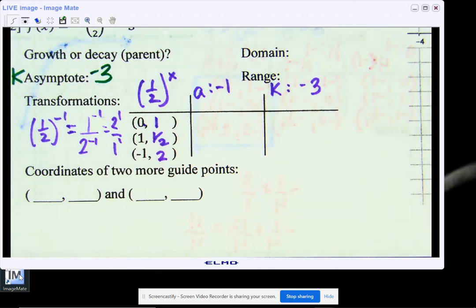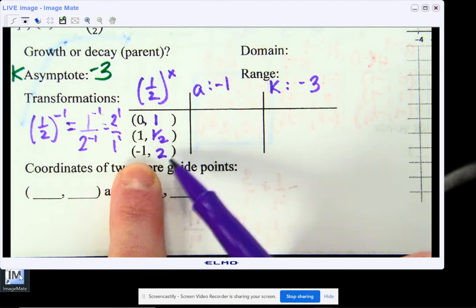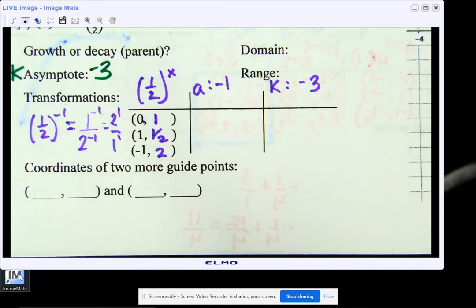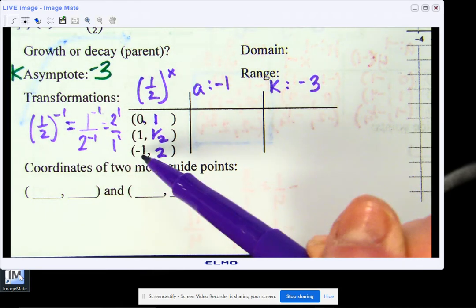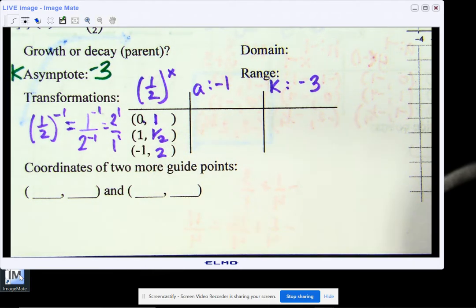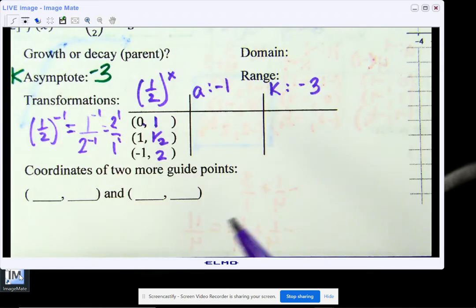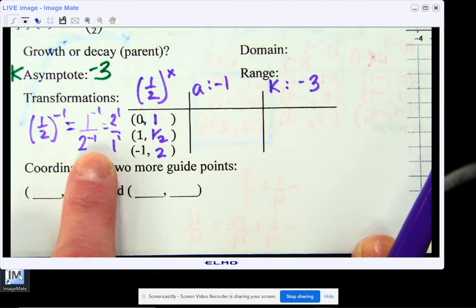What you should notice is when you take that parent function and you have your exponent as a -1, you should get the reciprocal of the base. So if you guys look at all of your first columns, you should find that when the exponent was -1, you should get the reciprocal, right? You guys see that? Like on number 9, the parent function was 1/4 to the x, and our ordered pair was -1, 4, right? You're going to get the reciprocal. And if you don't remember that, it's okay. You just have to do the work off to the side.